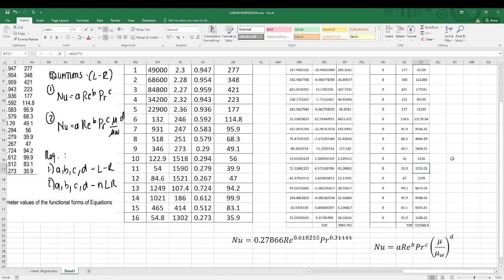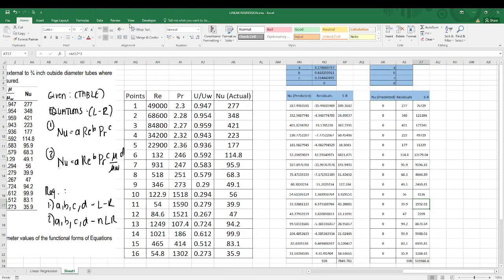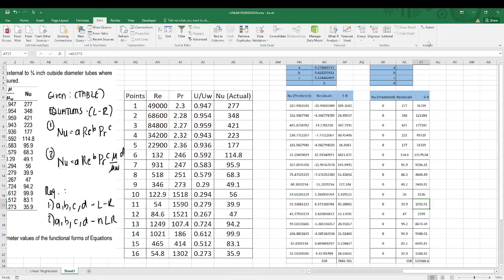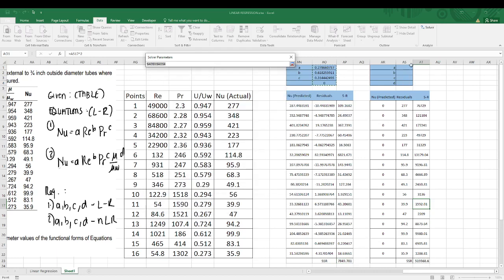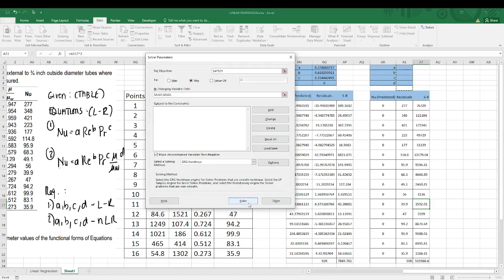So again, use the solver method to find A, B, C, D. Set the SSR to minimum by changing A, B, C, D, plus the dummy space. Then solve.